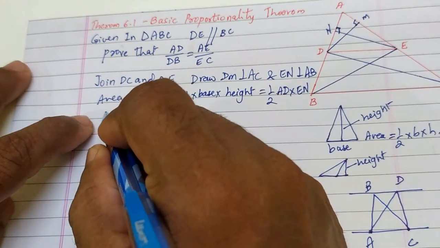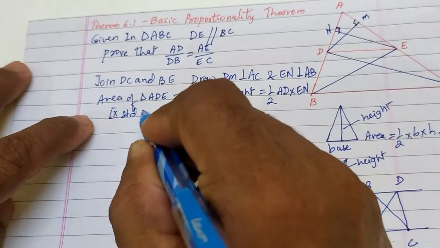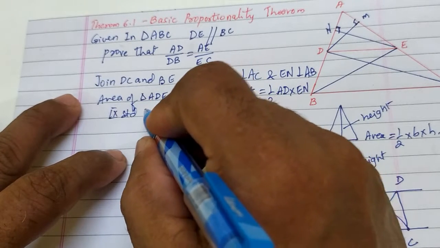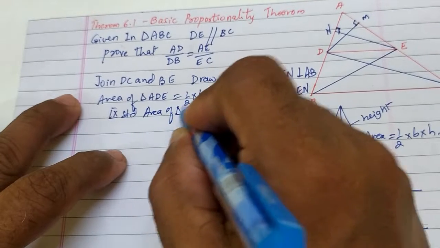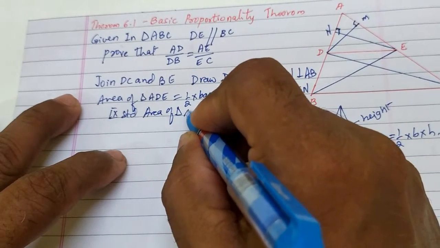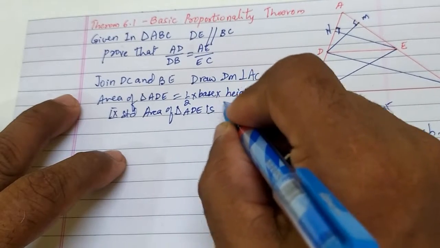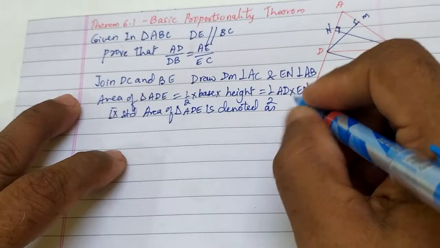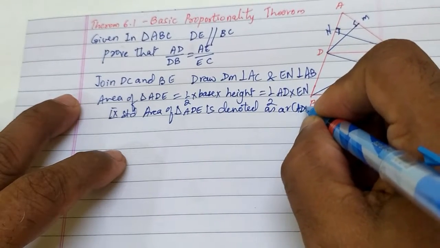And in standard 8 and 9, we have learned that the area of triangle ADE is denoted as area of ADE.